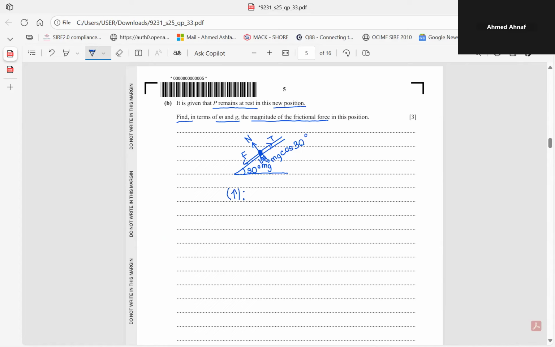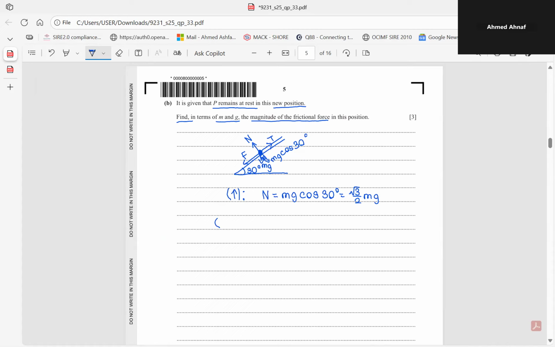So we can equate these two forces together to give us N equals mg cosine 30 degrees. So cosine 30 degrees, sorry, you get square root 3 over 2 mg. Yep. Okay.